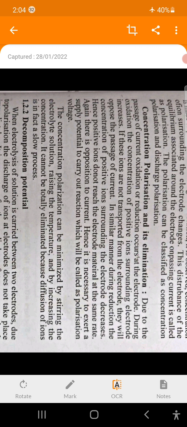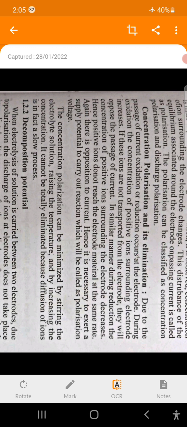Because of the increase in concentration of positive ions at the vicinity of anode, the speed of the oxidation reaction decreases.